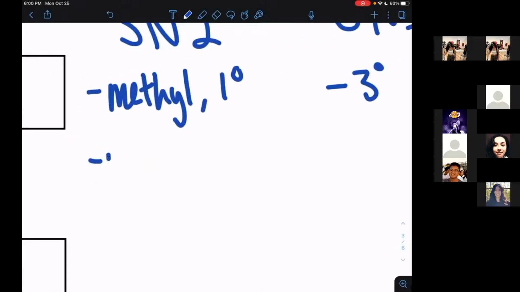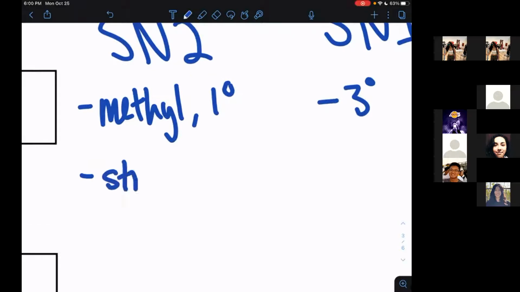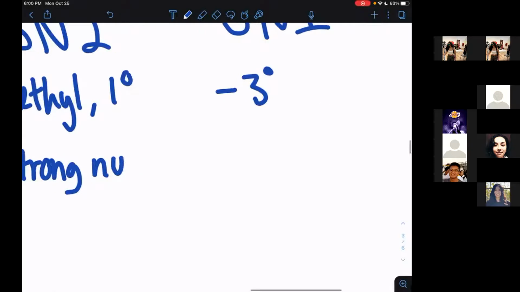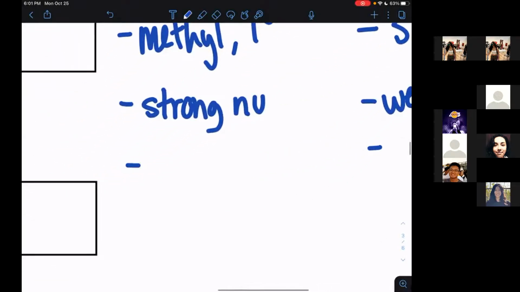For the nucleophile, it needs a strong one for SN2 because it's only one step. And then SN1 doesn't really mind, so a weak one. And then lastly, you could go to the solvents.